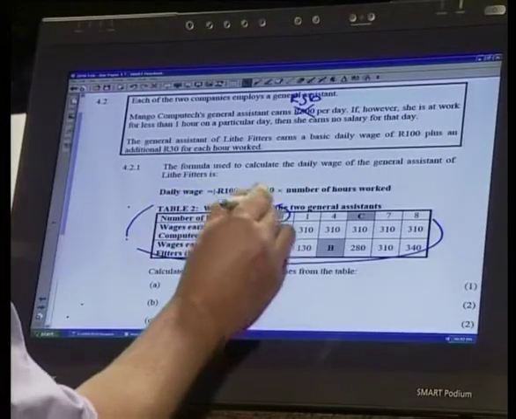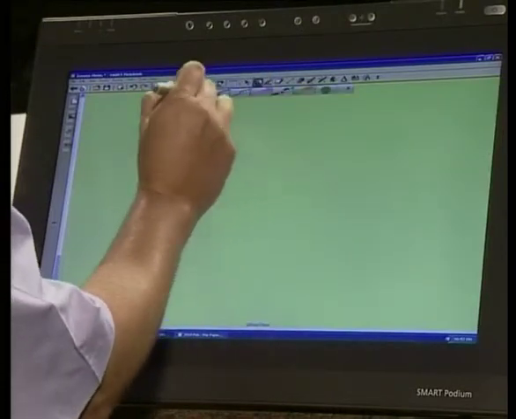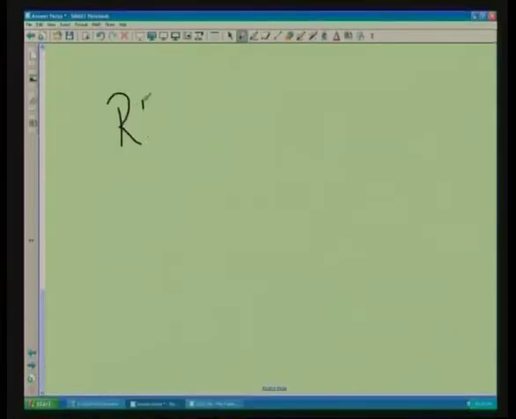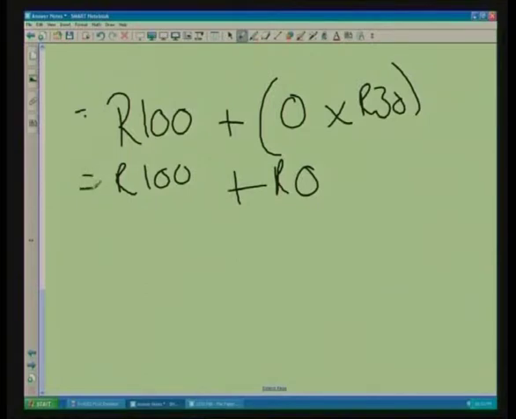So if I've worked no hours, I'm still getting 100 Rand plus the number of hours I've worked, which is 0, times 30 Rand. Now, 0 times 30 is 0, and 100 plus 0 is 100 Rand. Folks, that's a wonderful company to work for.